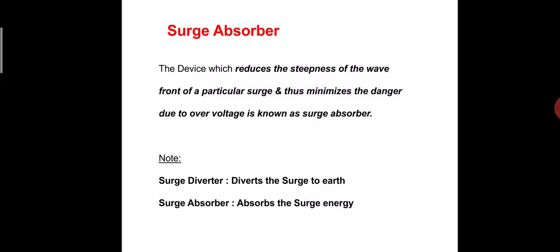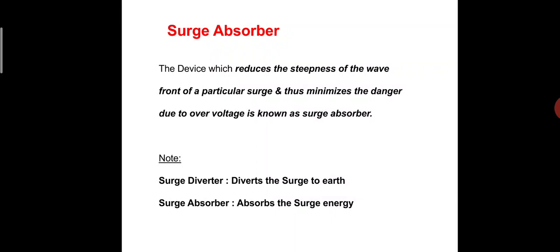Next topic is surge absorber. The device which reduces the steepness of the wave front of a particular surge and thus minimizes the danger due to overvoltage is known as a surge absorber.